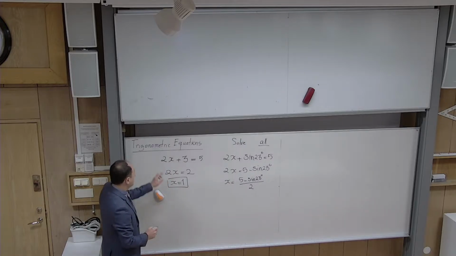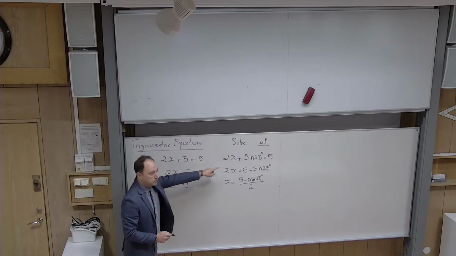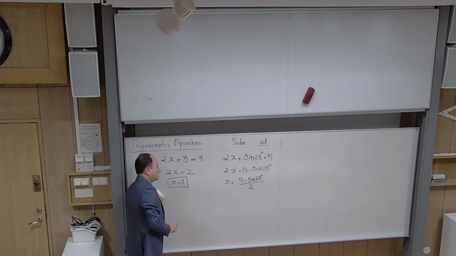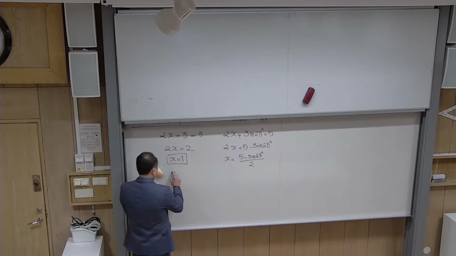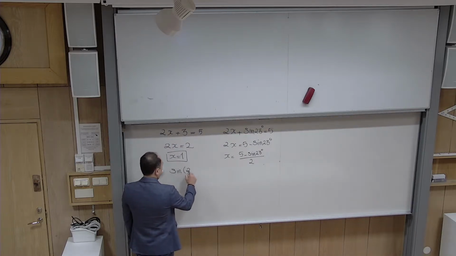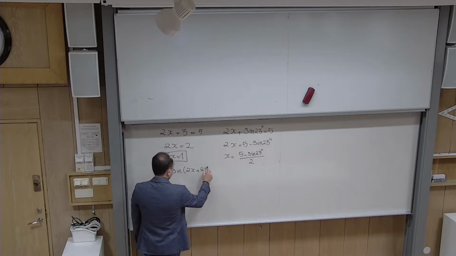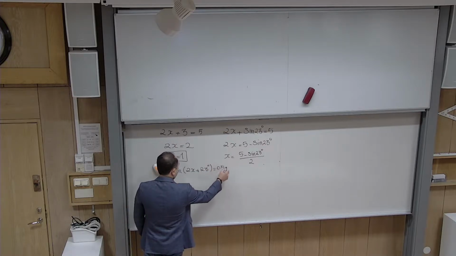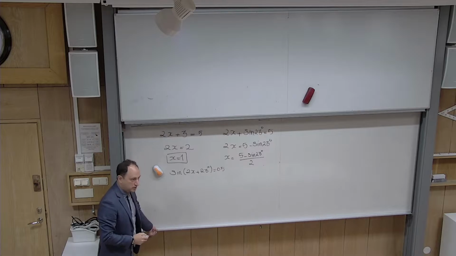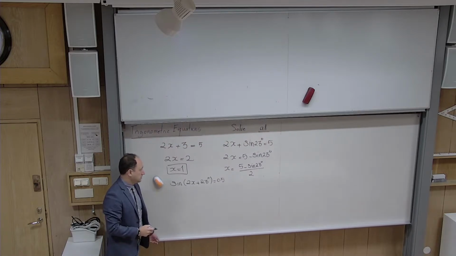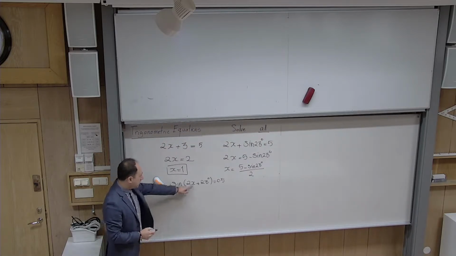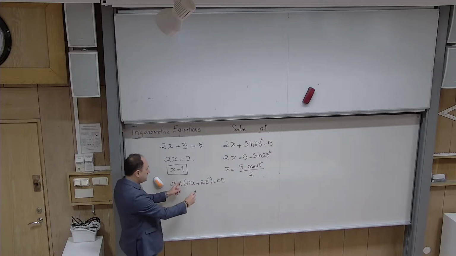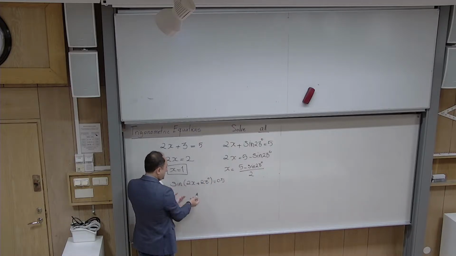So when I say trigonometric equation, I do not mean this equation. I mean an equation like this. This I will call a trigonometric equation. Because the unknown is inside, is an argument, is an angle of the sine function.